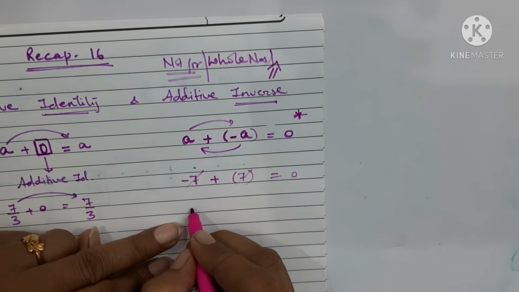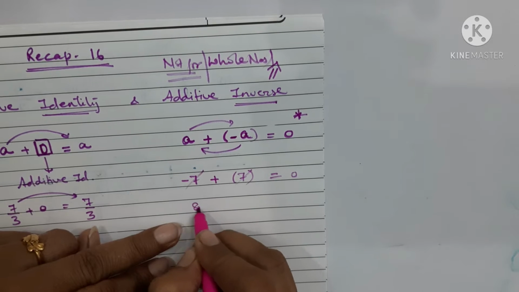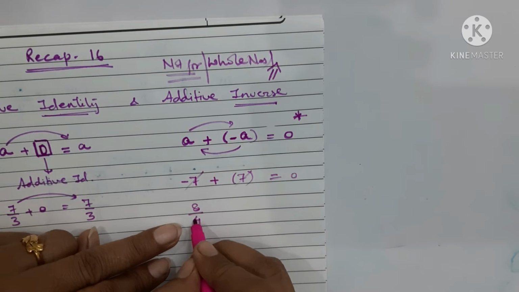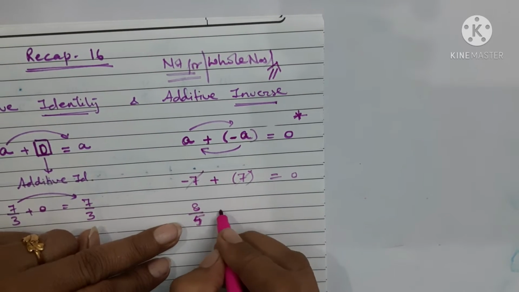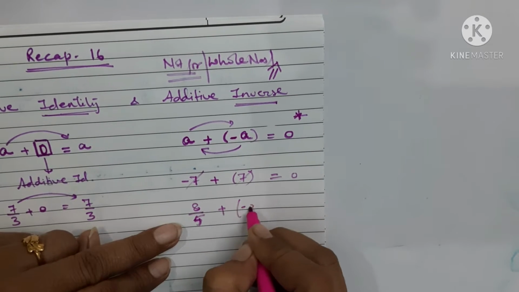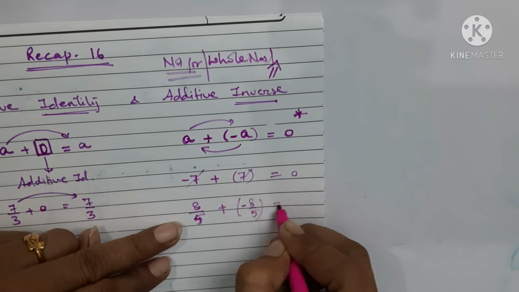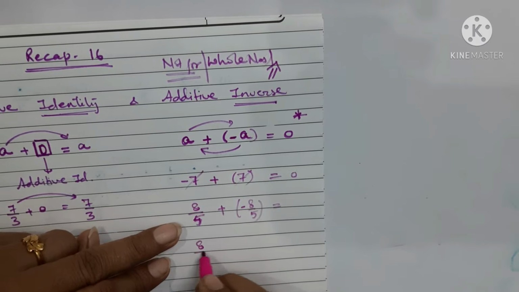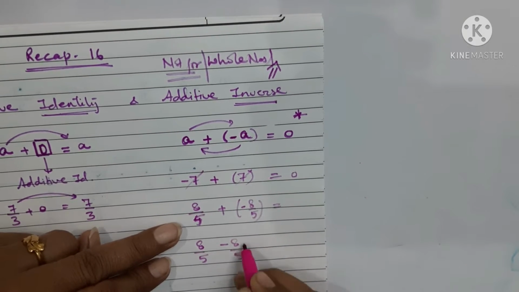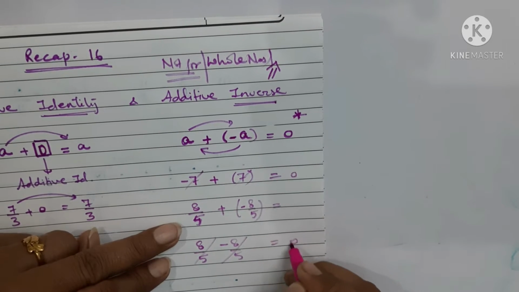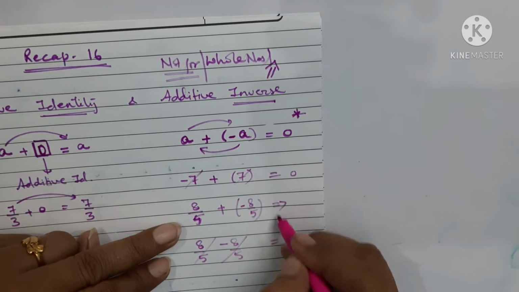Let us take a rational number, say 8 upon 5, and add to it minus 8 upon 5. You just see, both cancel out and you get 0 here.